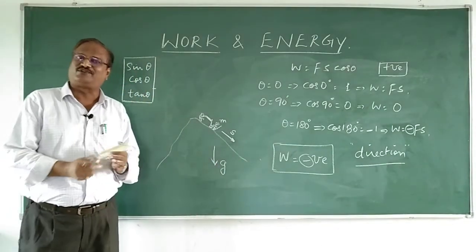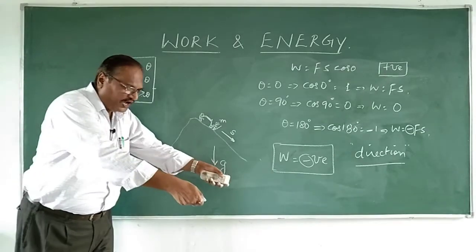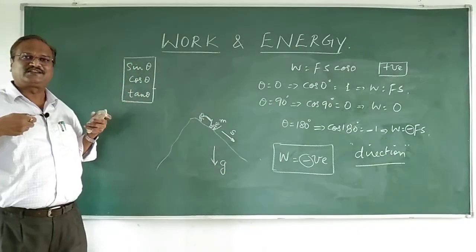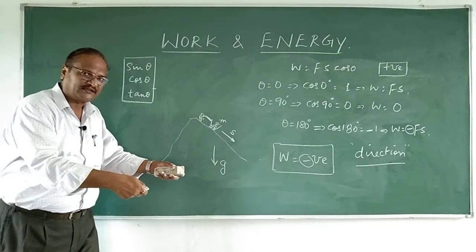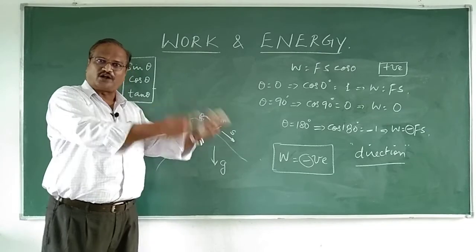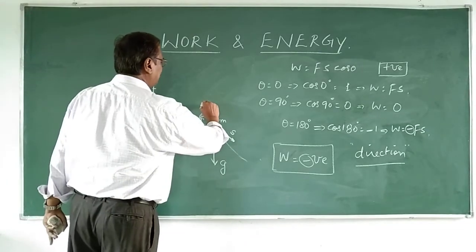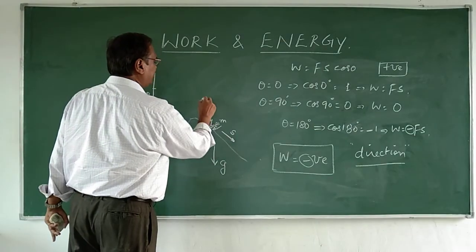Now think carefully. Should the father or mother push the cart or pull it? If they push it, what will happen? The cart will go faster and they will roll down and fall down. So it is advisable, naturally, they will pull it in the upward direction.